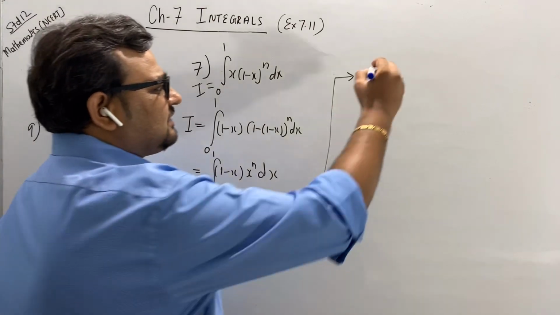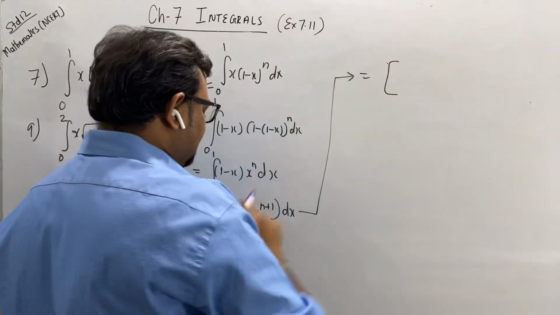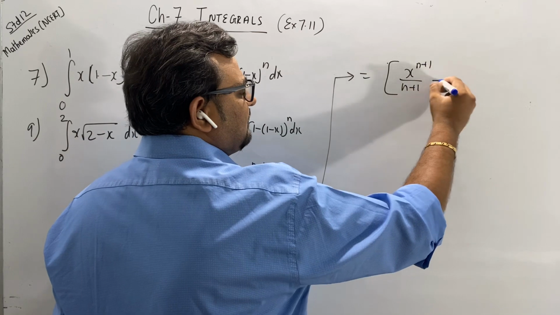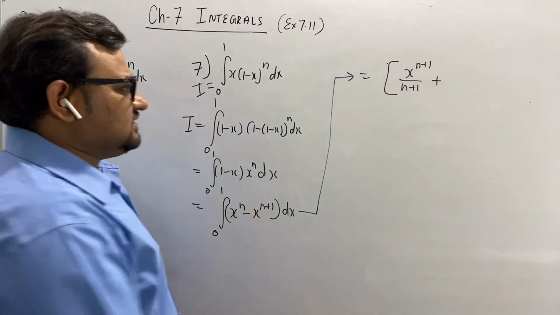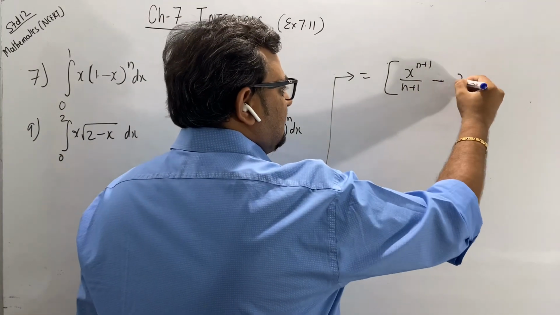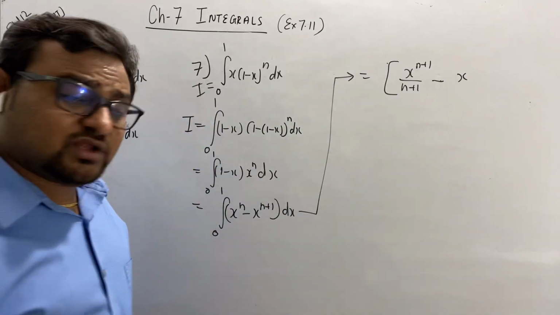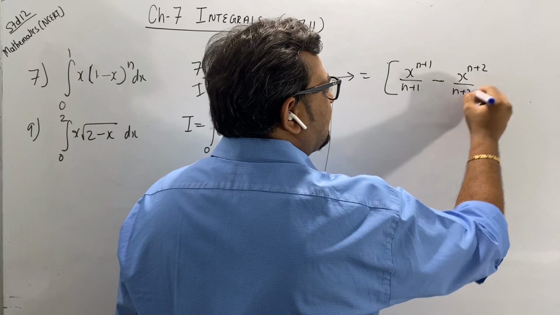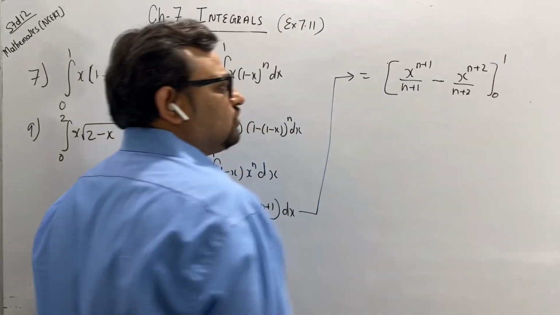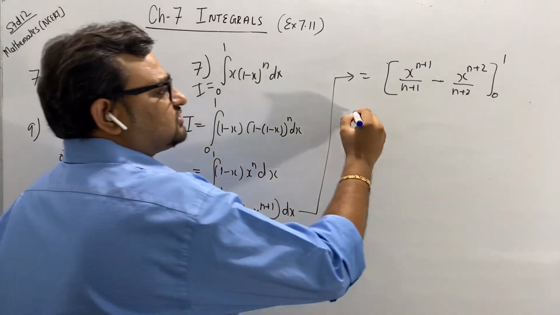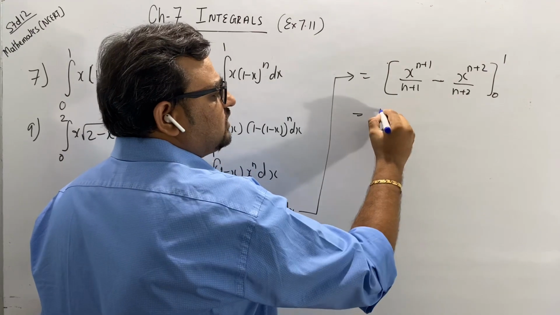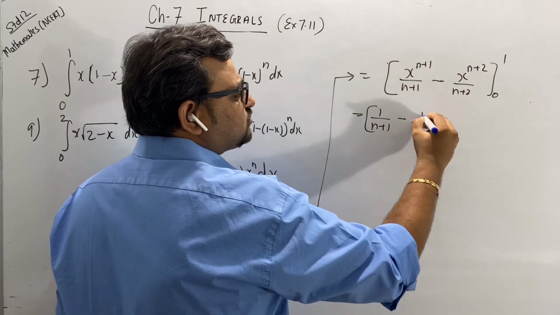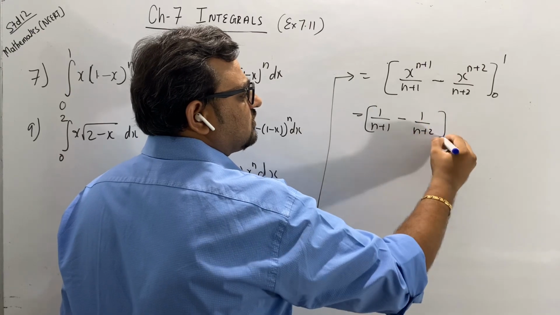Now it's easy. Integration of x raised to n plus 1 upon n plus 1, minus integration of x raised to n plus 1, n plus 1 plus 1 means n plus 2, upon n plus 2, from 0 to 1. So now putting the value, 1 raised to n plus 1, 1 upon n plus 1, minus 1 raised to n plus 2 upon n plus 2.